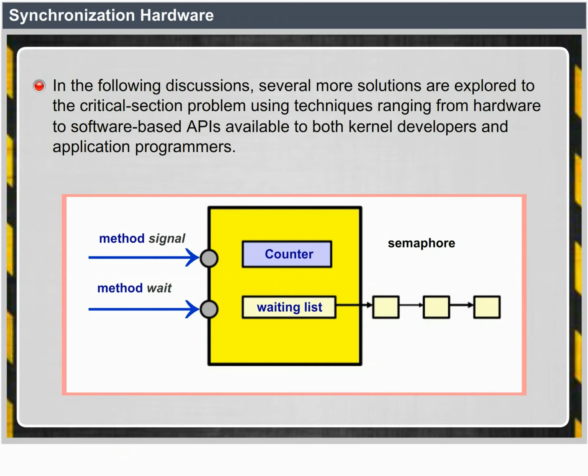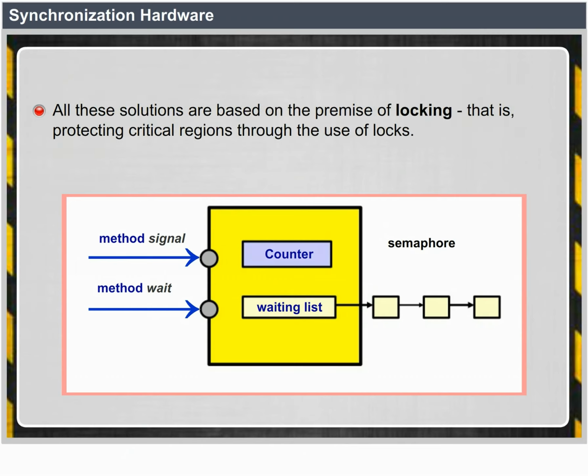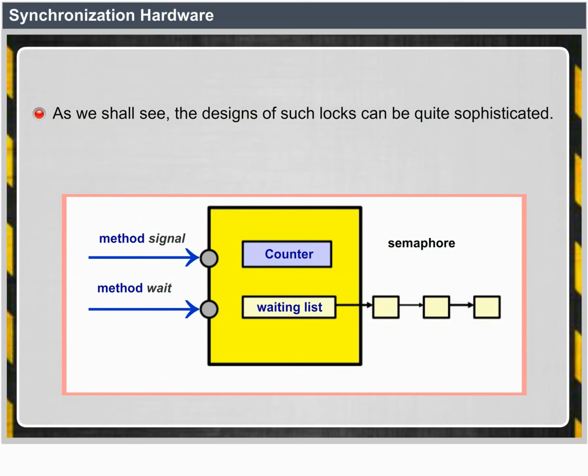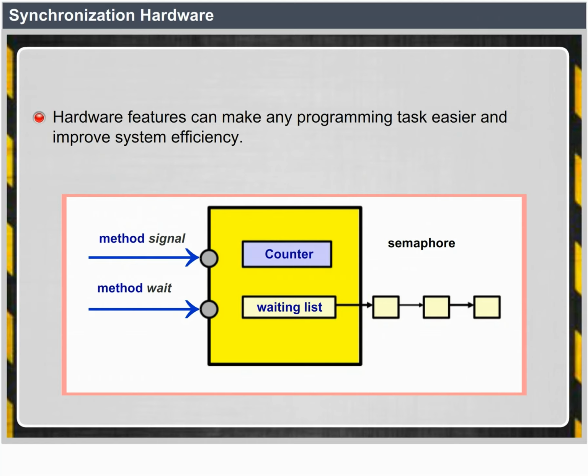All these solutions are based on the premise of locking, that is, protecting critical regions through the use of locks. As we shall see, the designs of such locks can be quite sophisticated. Hardware features can make any programming task easier and improve system efficiency.